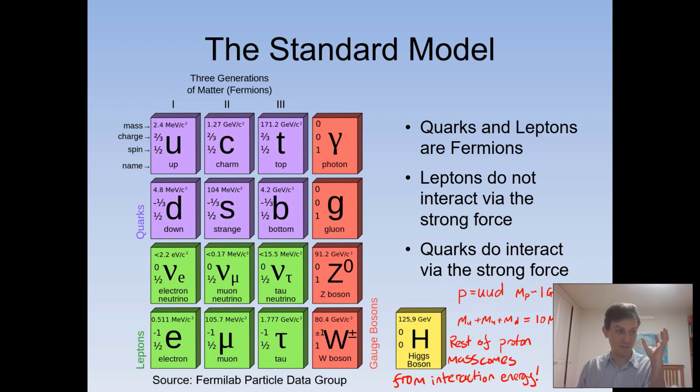If it was possible to just have one particle isolated from the rest of the universe, then they would all be massless, but they acquire mass through their interaction with the Higgs field or the Higgs boson. And obviously then when you start to build up particles out of them like the proton, then they acquire more mass because of the interaction energy of the other forces involved, like the strong force and the weak force and the electromagnetic force as well.